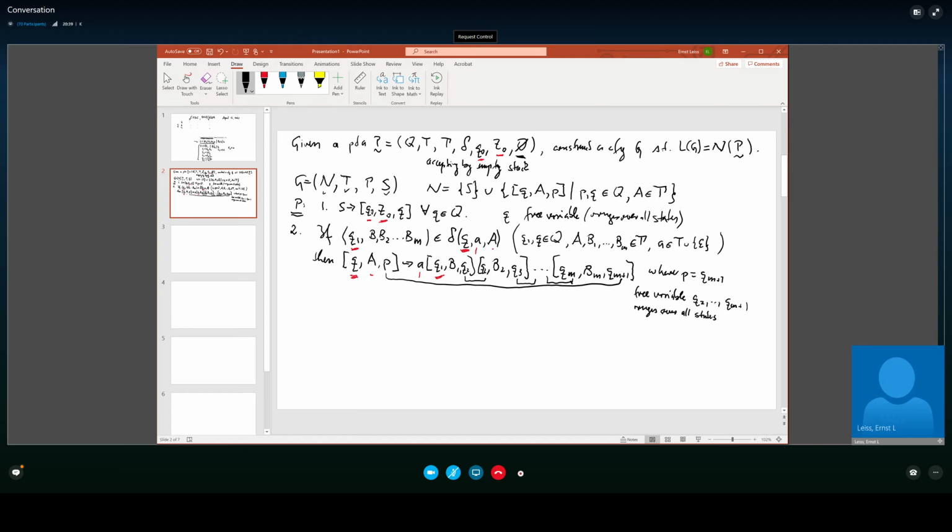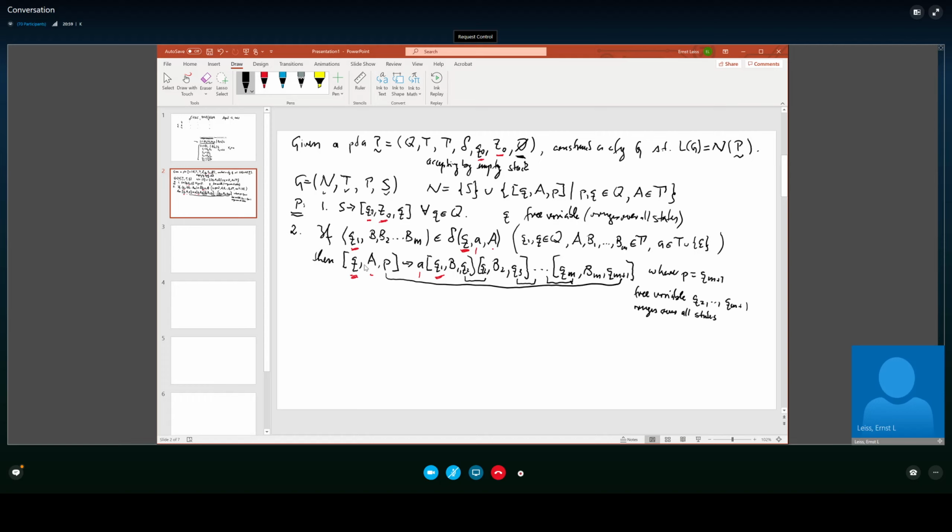Look, the variables are triples consisting of a state, a stack symbol, and a state. So this triple is a single variable, which is part of that grammar.